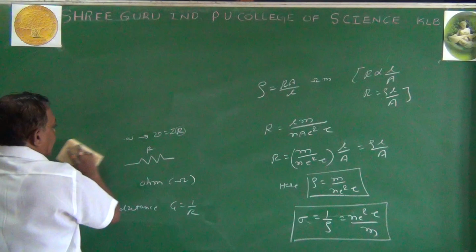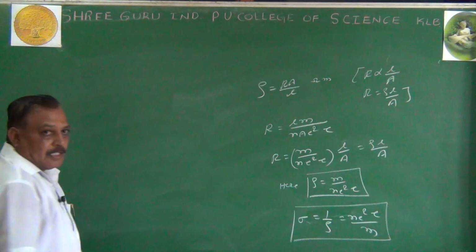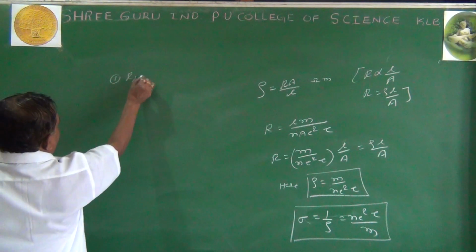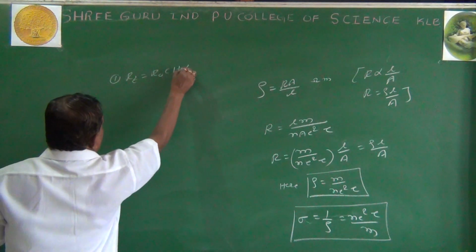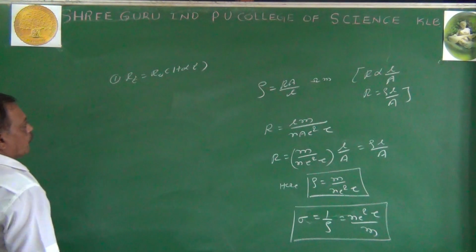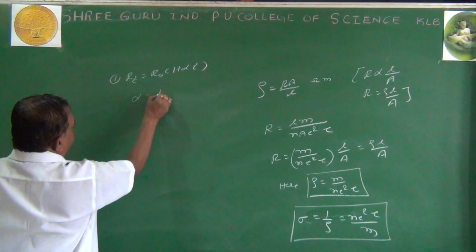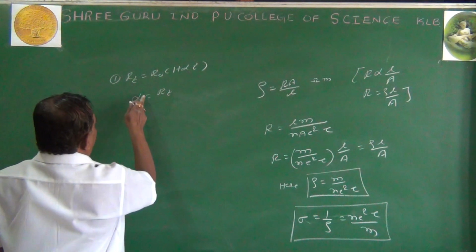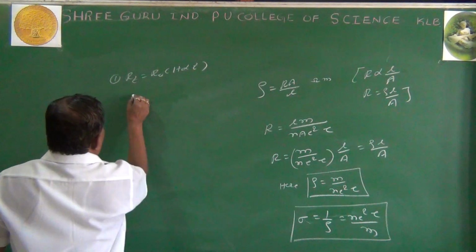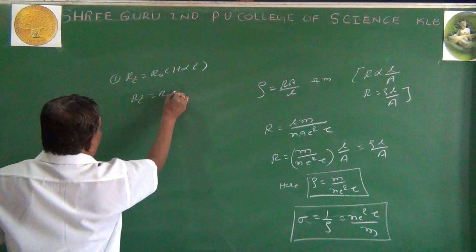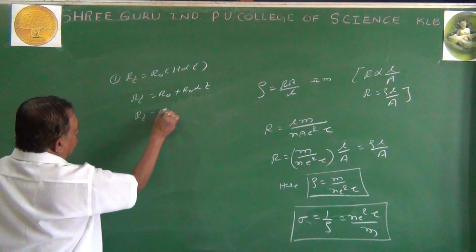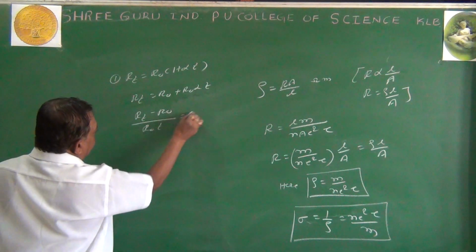The temperature coefficient of resistance of conductors. We have given the equation for resistance at temperature T: RT equals R0 times 1 plus alpha T. Then we have made the equation for alpha. I solve this equation: RT equals R0 plus R0 alpha T. Then RT minus R0 divided by R0 T equals alpha.